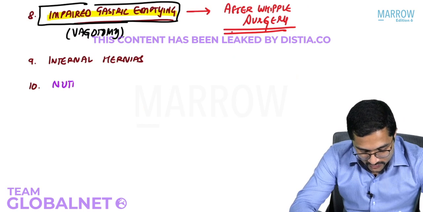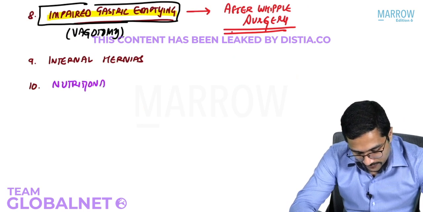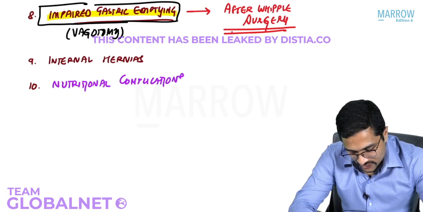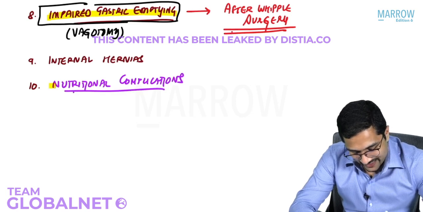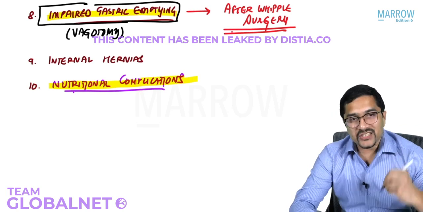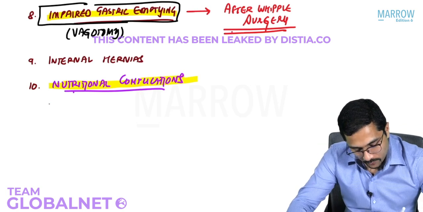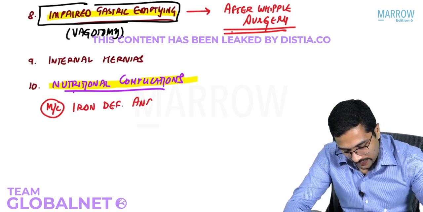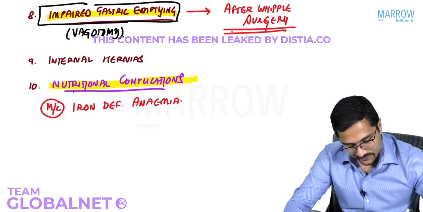These are nutritional complications. You can have nutritional complications following gastric reconstructions or gastric resection. And the most common is iron deficiency anemia.